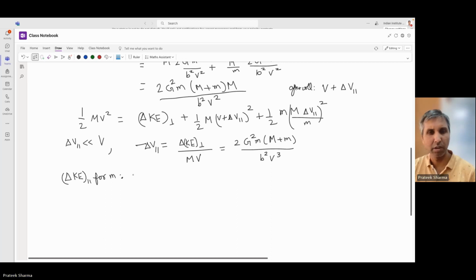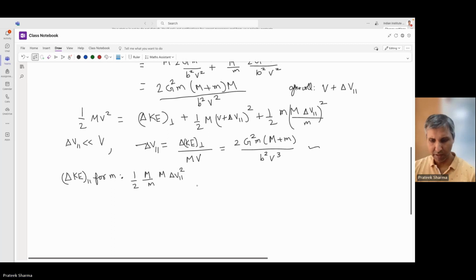That's just half times capital M by small m times capital M delta V parallel squared. This mass proportionality comes from momentum conservation. And now we have the expression for delta V parallel here.